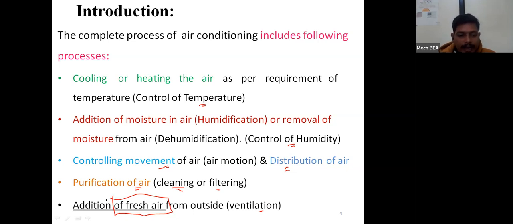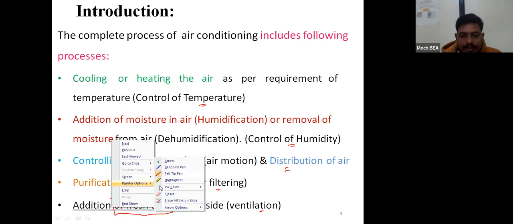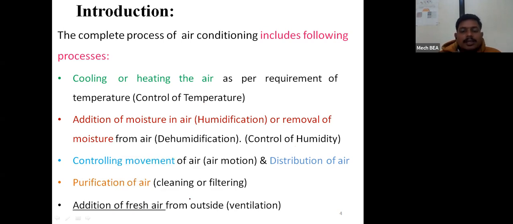If there is an adequate supply of fresh air, then the person sitting in that AC will always feel comfortable. So these are the various parameters which we have to simultaneously control to have the complete air conditioning process.